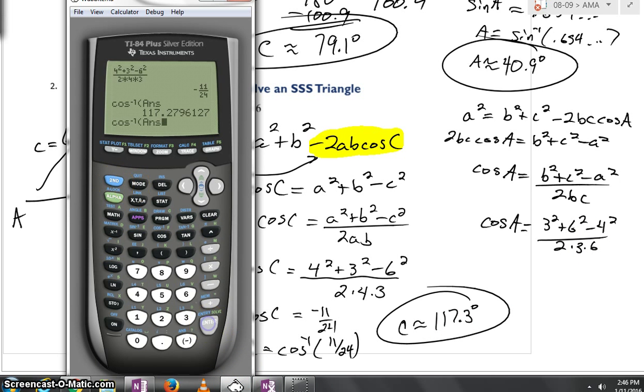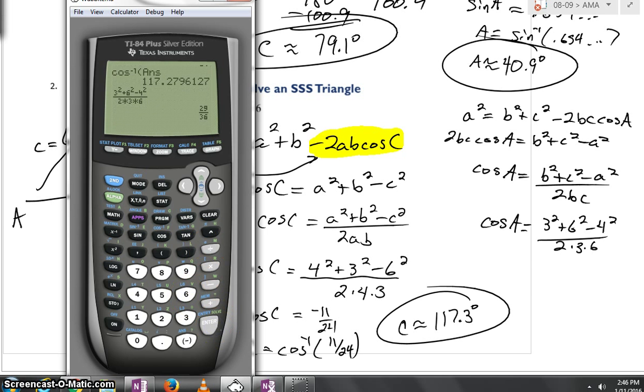How about we do second enter, and get right up there so that you can just change a few things. So just left arrow over here, and we can change that to a 3. Right arrow, change that to a 6. Make that a minus 4 squared. And down below, 2 times 3 times 6. You could just change the 4 to a 6, and that would suffice either way.